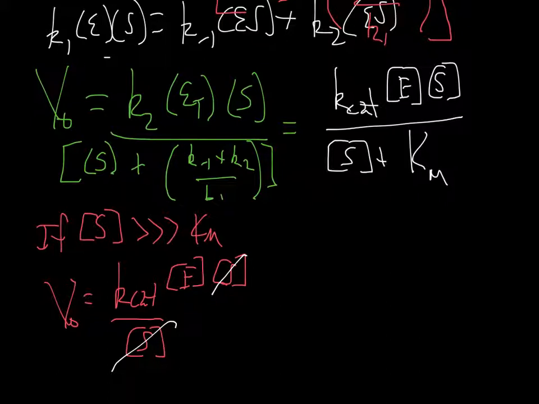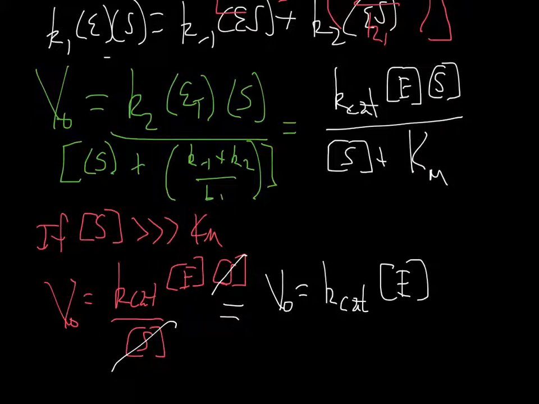So therefore, this simplifies. So the limit as S approaches infinity is that V naught is equal to K cat times the total concentration of enzyme. And so it no longer even matters how much substrate is around. It's a zero order reaction. So it'd be a straight line, a flat line.